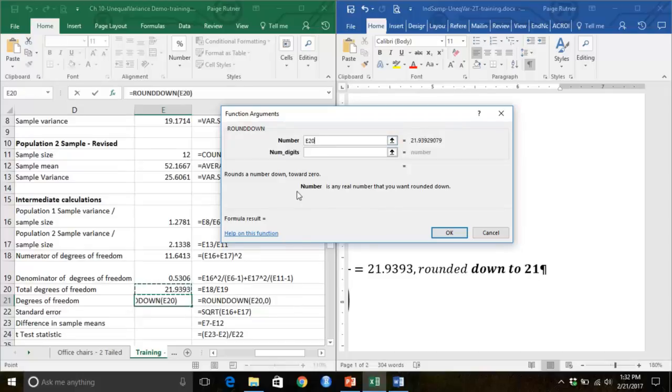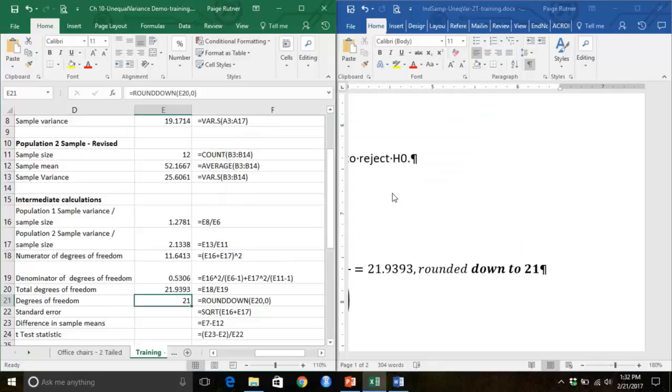That's that 21.9393. And then the number of decimal places I want to round to. I want to round to the nearest integer. And so I am going to round to 0 decimal places. And so that gives me 21 degrees of freedom that we'll be using for our computations.